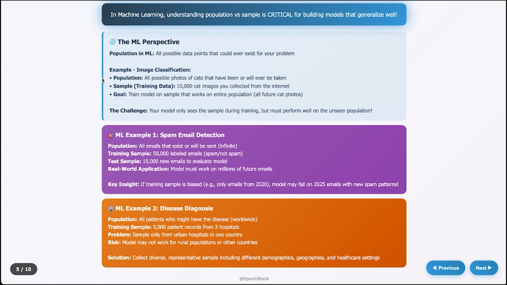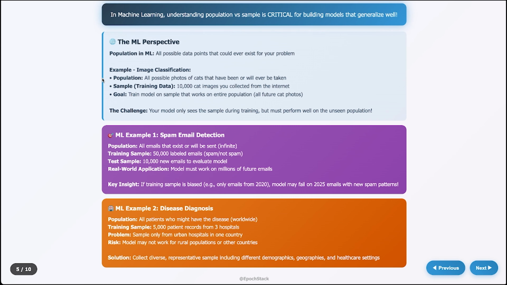Now coming to the third example, disease diagnosis. You have to train a machine learning model in such a way that it can diagnose a disease from the patient data given to the model. Here the population is all the patient data collected till now in the world, and you cannot get that.